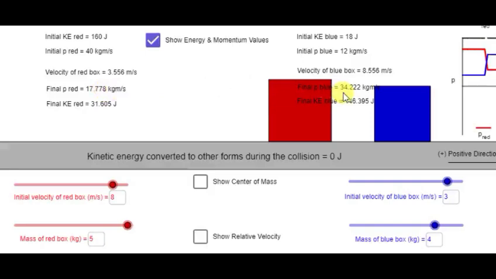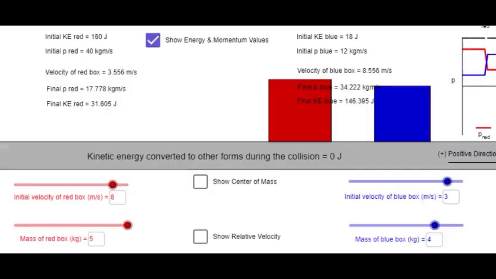So before they collided, the momentum for red plus the momentum for blue was 52. Even after they collide, the momentum for red plus the momentum for blue is still giving us what? 52. So that proves to us that the law of conservation of momentum is observed, or it is always maintained.